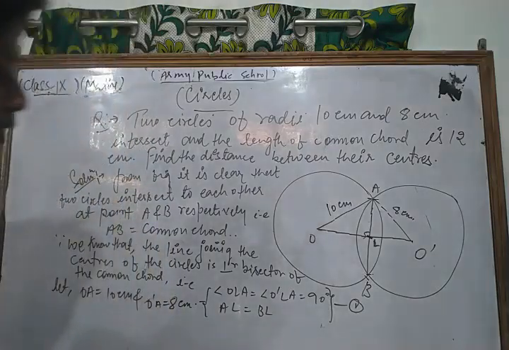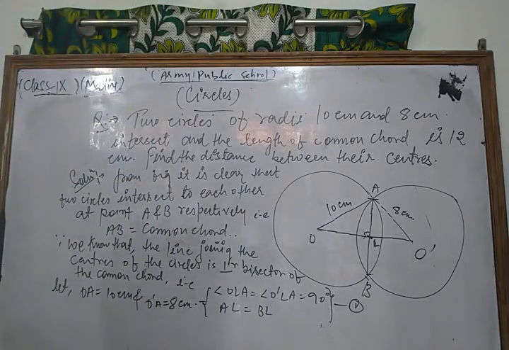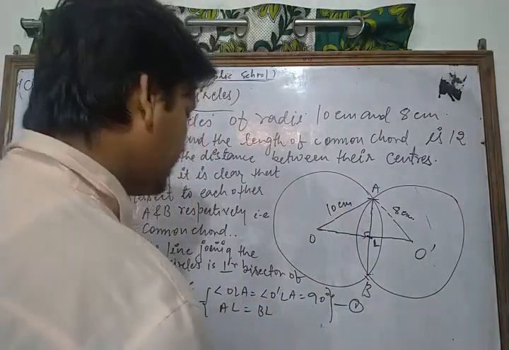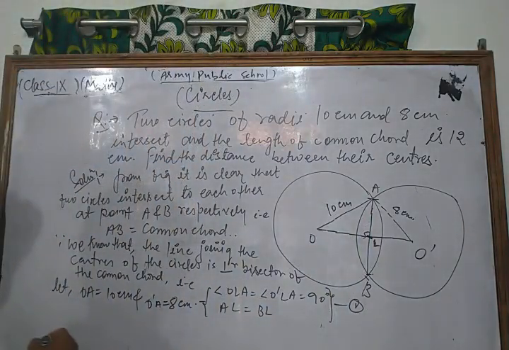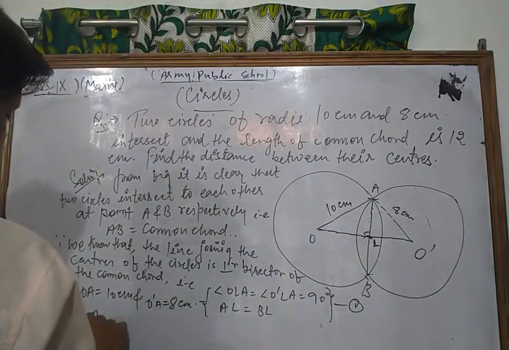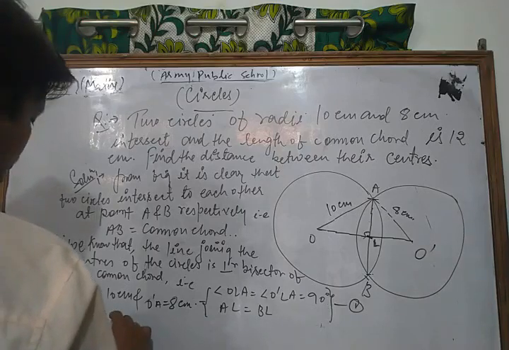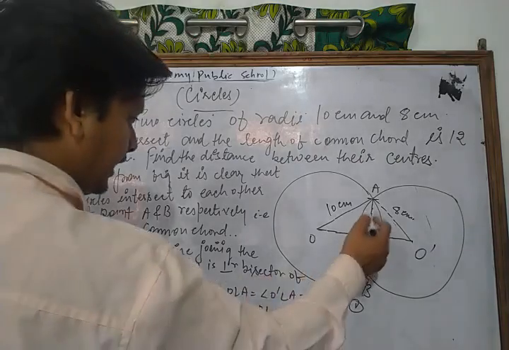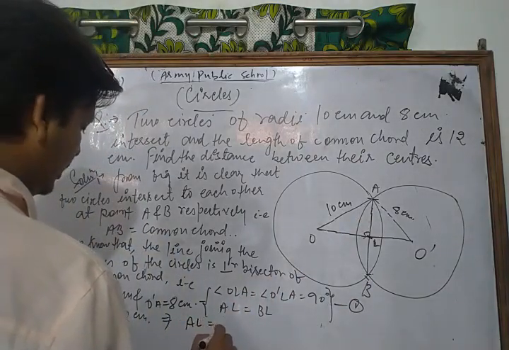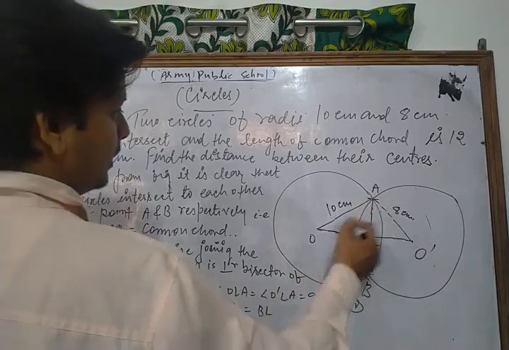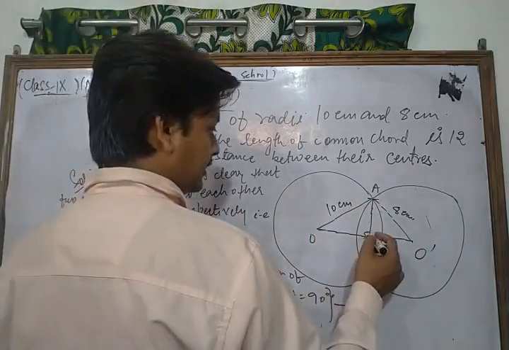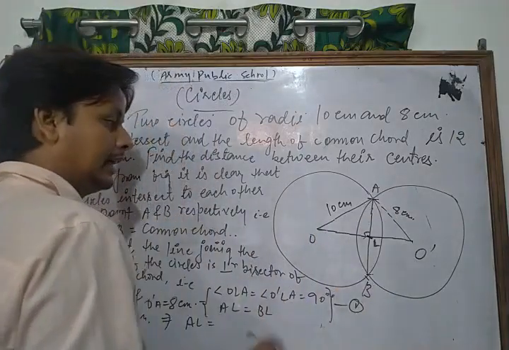Now look what I do. The length of the common chord is 12 centimeter, which means AB is given. Since AB is 12 centimeter, according to that concept, AL is half of AB, because the line joining the centers of the two intersecting circles bisects the common chord at right angle.